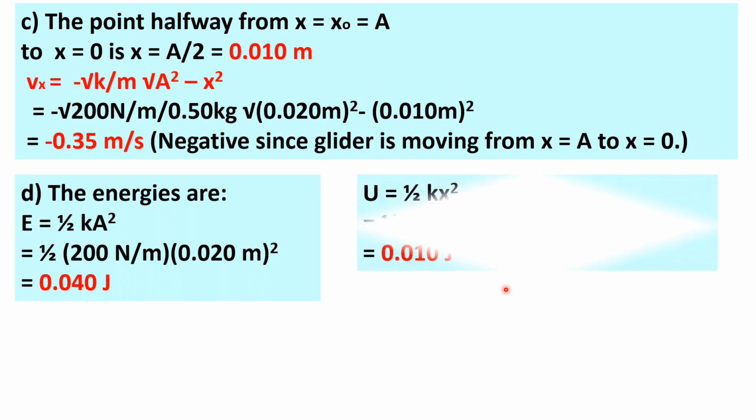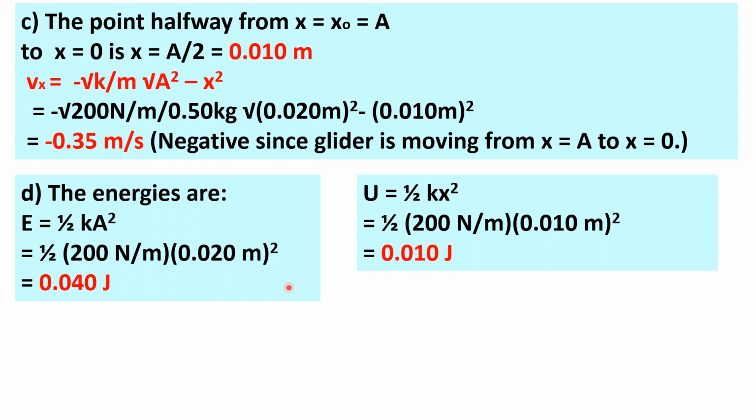Now, for the elastic potential energy, which is U, equals 1 half kx squared. Substituting, we have 1 half multiplied by k, or 200 Newton per meter, multiplied by the square of the displacement x, or 0.010 meters squared. Simplifying, we will get the elastic potential energy equal to 0.010 joules.